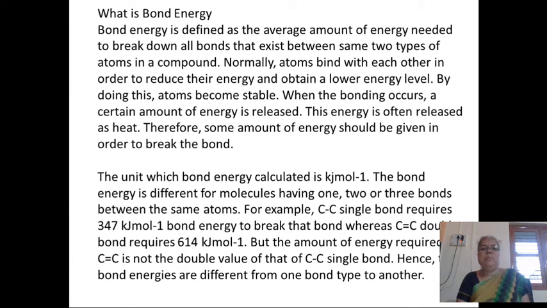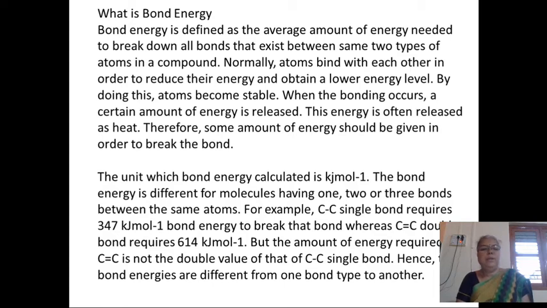Therefore, some amount of energy should be given in order to break the bond. That means in the formation of a bond, energy is released. The unit in which bond energy is calculated is kilojoule per mole.